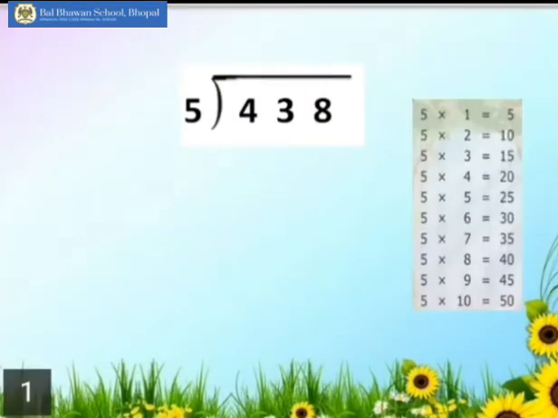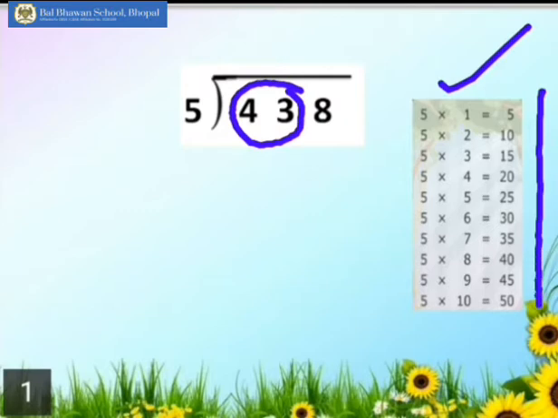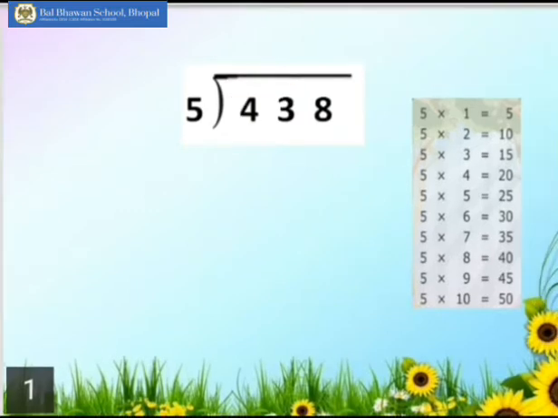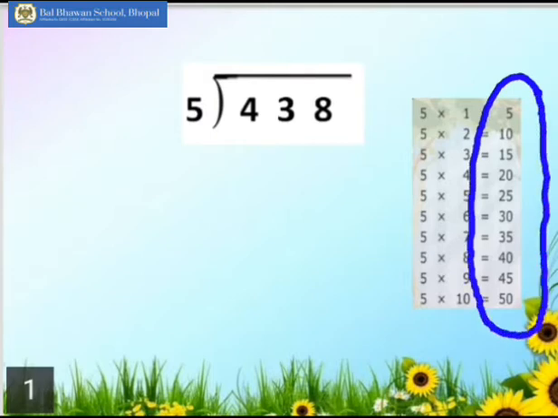So let us search 43 in the table of 5. As we can see here, children, 43 doesn't come in the table of 5. Then what will we do? Children, in that case, we will look for a number that is less than 43, but the number should be nearest to 43 also.